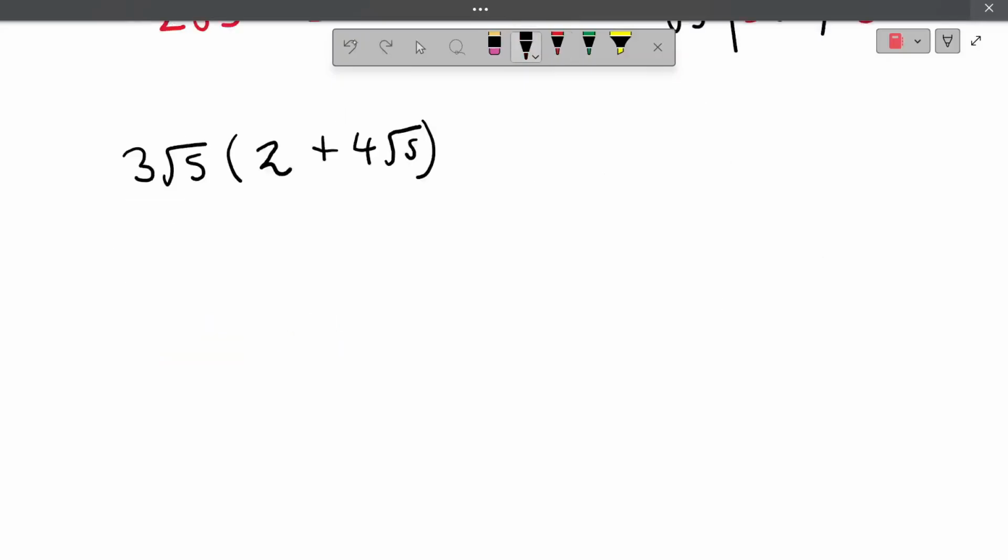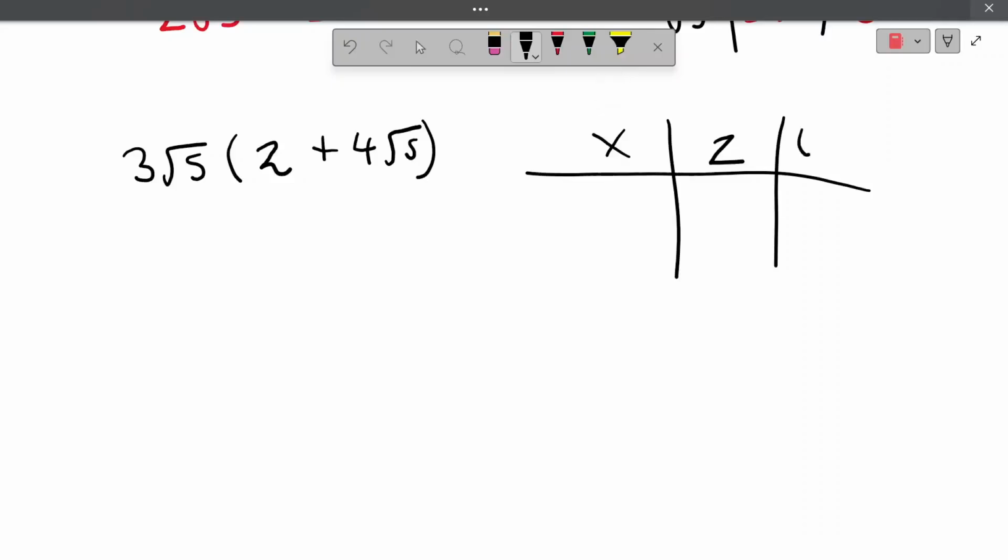So this next one is very similar to the last one, but we have a little bit more to our square roots. So we're going to do the same multiplication grid, and we have 2 and 4 root 5 and 3 root 5 there. So to start off with, we have 3 times 2 is 6 square root of 5.